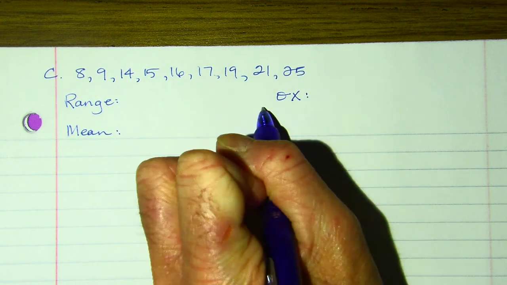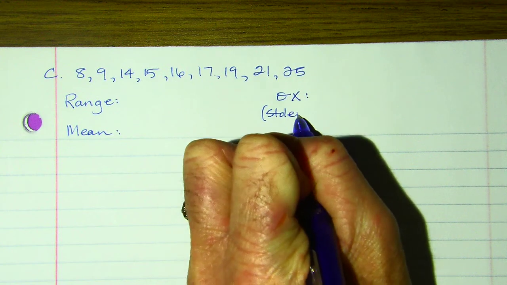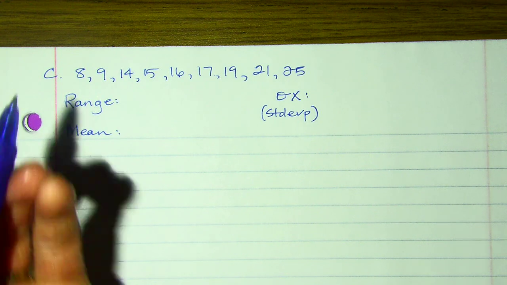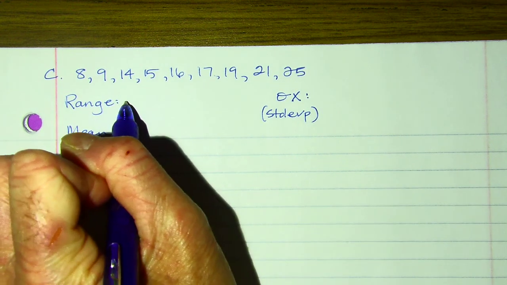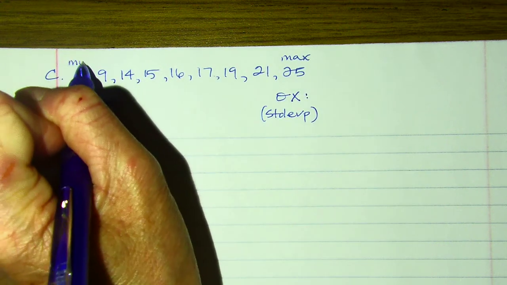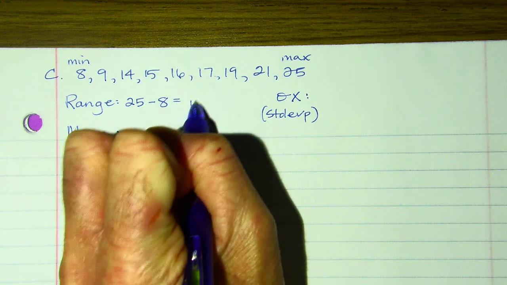I'm just going to write the symbol, or you can write standard deviation. P, that's what's on Desmos. Okay, and we're going to find all of them. So range is my maximum value. So here's my max. Here's my min. So 25 minus 8 leaves me with 17.